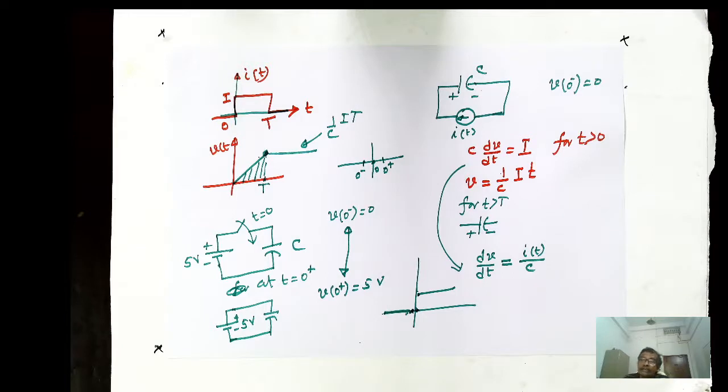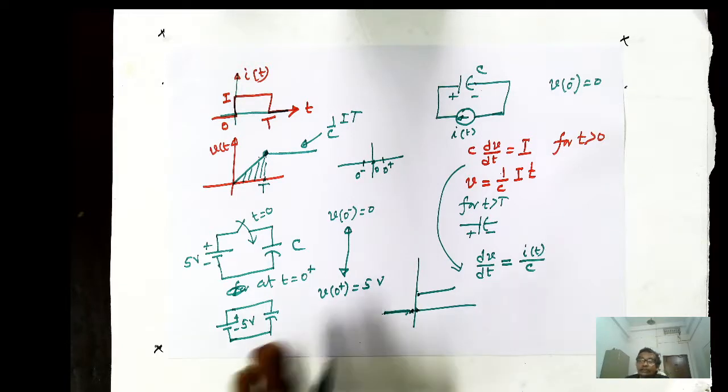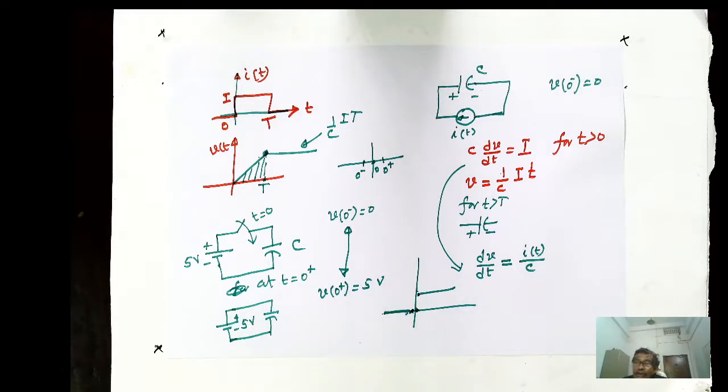So in such a situation, V0 plus is not equal to V0 minus, and it will be associated with some impulse. Like a mass having some velocity at t equal to 0 minus. Suddenly I say that the velocity of the mass has changed from one finite value to another in no time, meaning somebody has applied an impulse to it. That is what I will conclude.